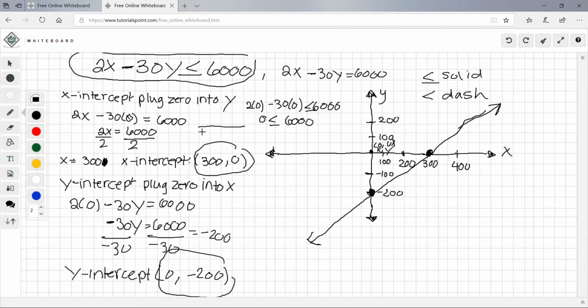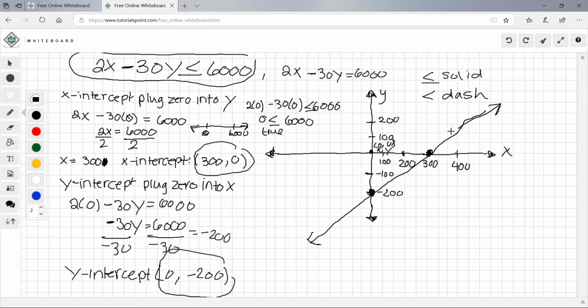If you ever get confused, you can just draw a number line. Here's 0 and here's 6,000. So 0 is less than 6,000, and that's true. Since the point 0, 0 made the statement true, you shade the region where that point is. If it was false, you would shade on the opposite side. Since it's true, we shade the region where we got the point from.